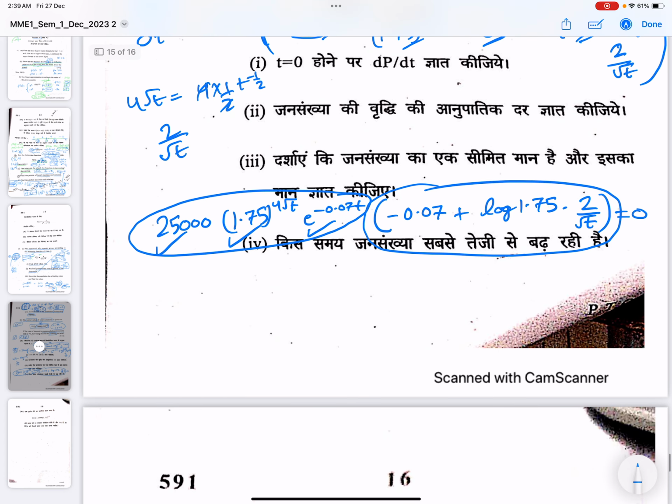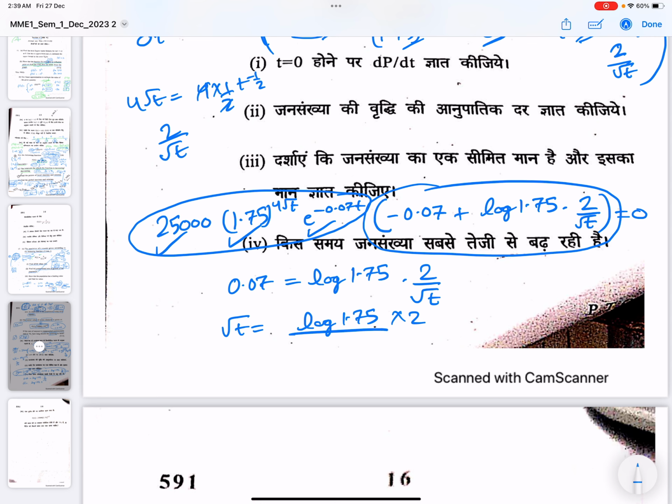If we solve this, we have 0.07 equals log 1.75 into 2 by √t. So √t becomes log 1.75 into 2 upon 0.07.